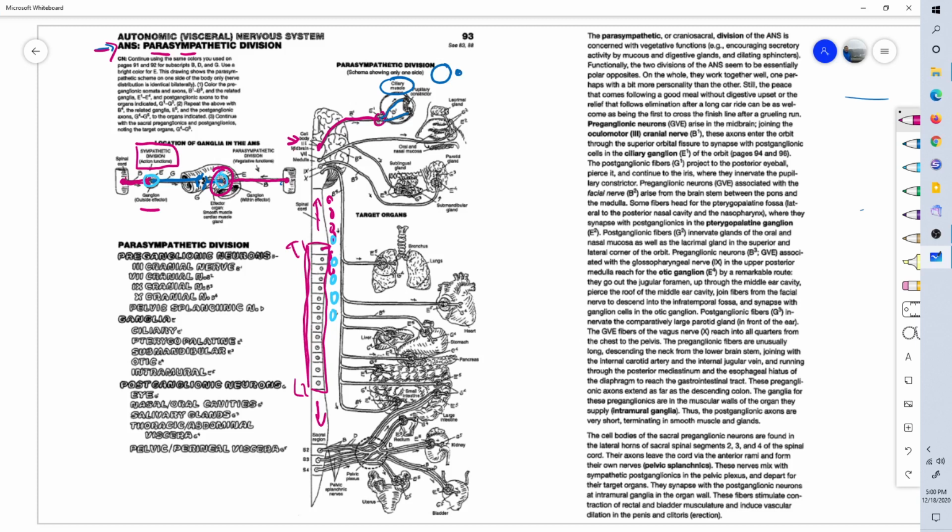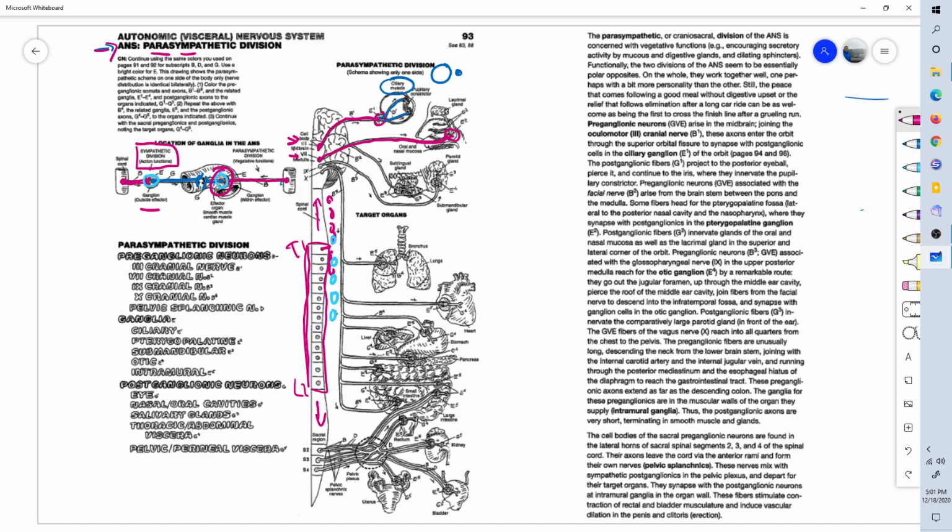The cranial nerve number 7, the facial nerve, lies just at the top of the medulla here, in between the pons and the medulla. The cell body lies right here, and it goes, the facial nerve. Recall that it is responsible for some of the muscles in the face. But here, it synapses at a ganglia that lies in the face.